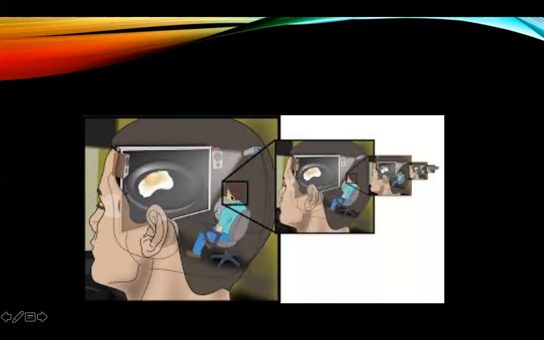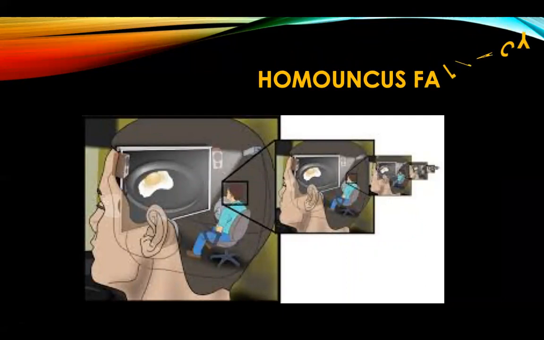This is a homunculus. And to see the image in this man's brain, there would have to be still another smaller person. So there would have to be an infinite number of images, eyes, and humans to see this image. This is known as the homunculus fallacy.